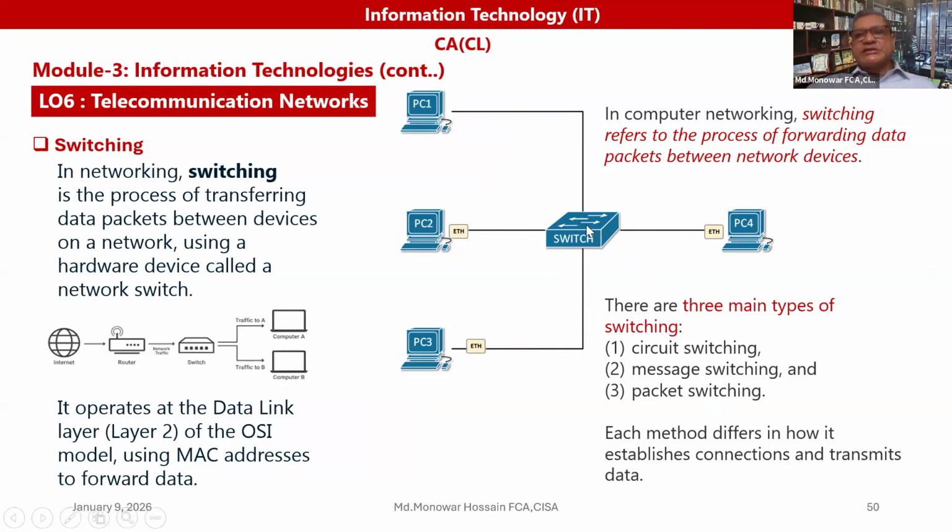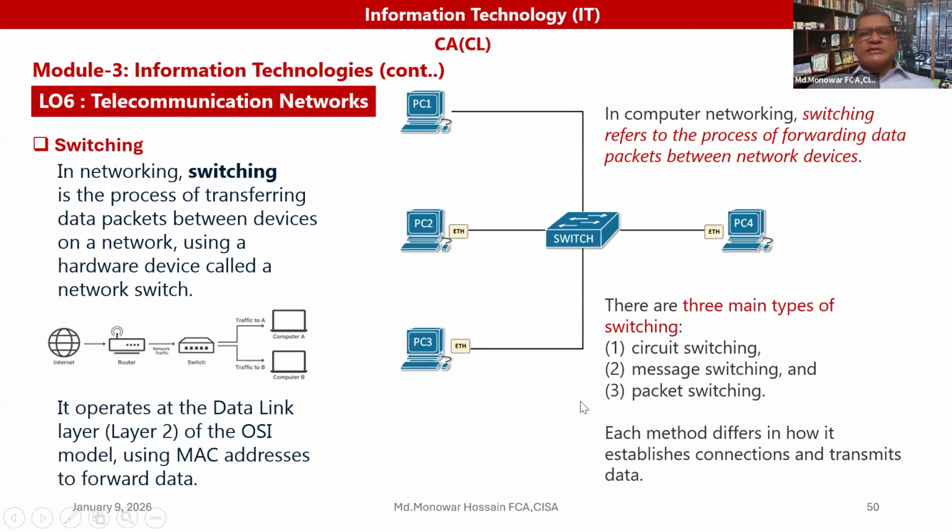Here data is transmitted from this center to another center through this switch. So switching is the process of transferring data packets between devices. Look here, PC1, PC2, PC3, PC4 are the devices on this network, using a hardware device called a network switch, this one.